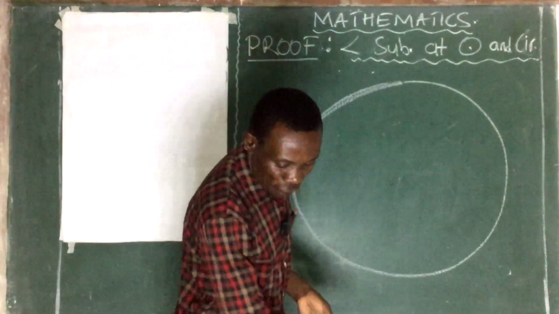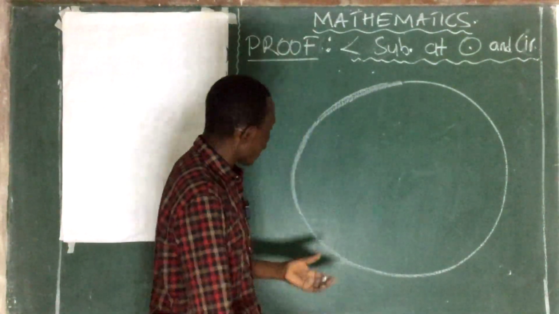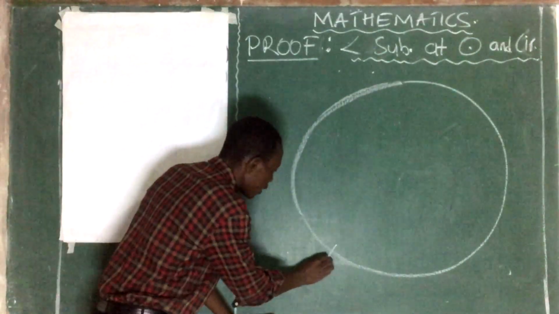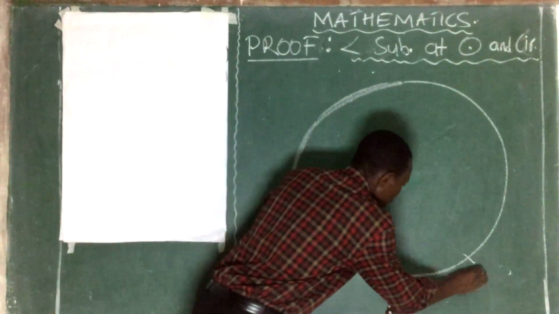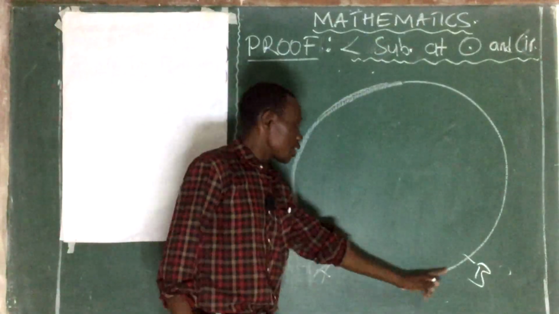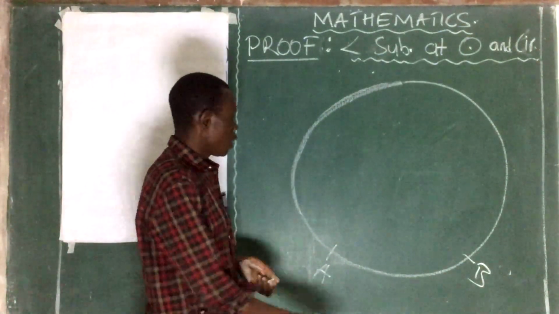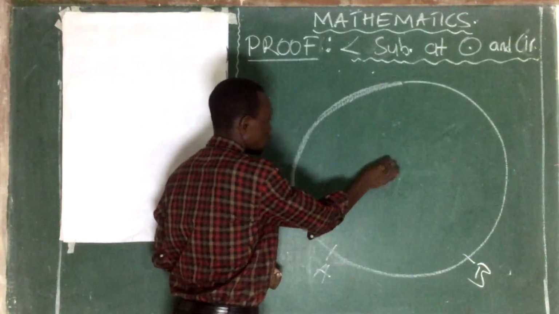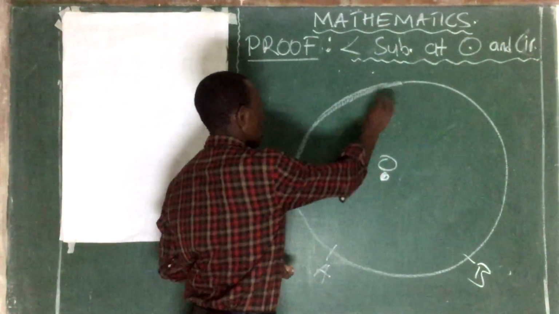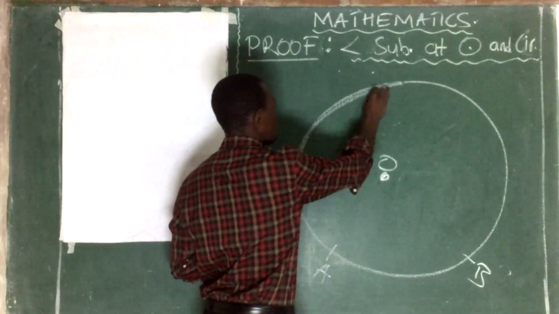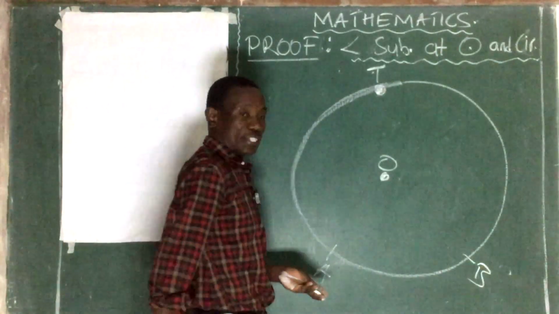So here I'll have my diagram which has an arc AB. I'll use the minor arc, not the major arc, to subtend angles at the center and the circumference. Let this one be my center O, and another point on the circumference be T.